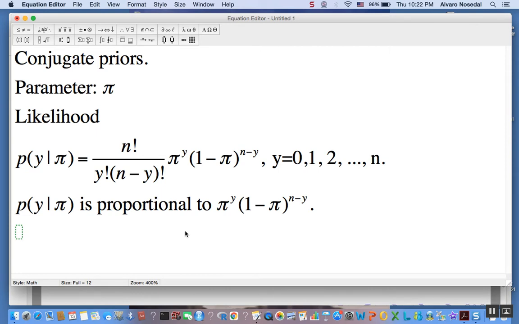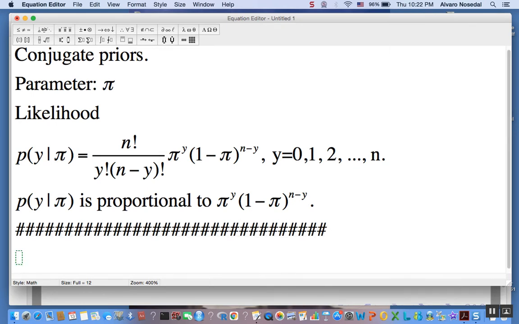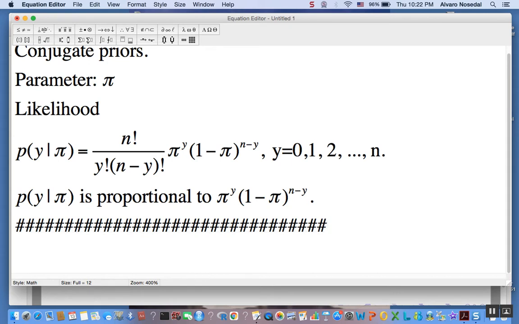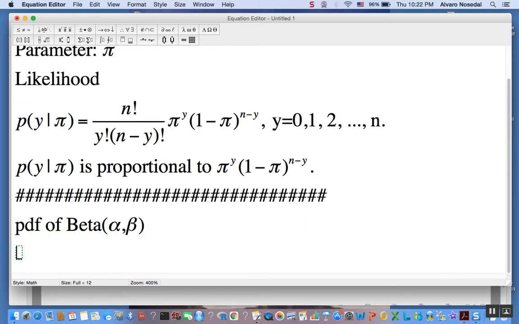Let me remind you what the probability density function of a beta with parameters alpha and beta looks like.